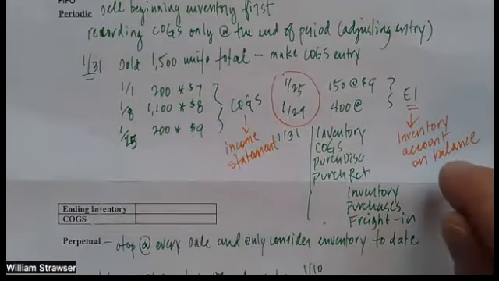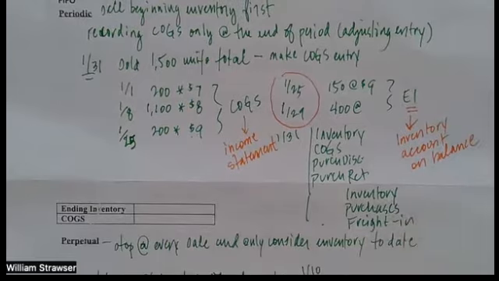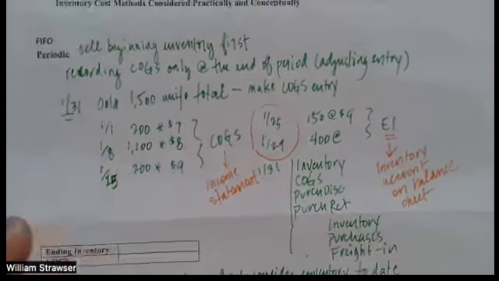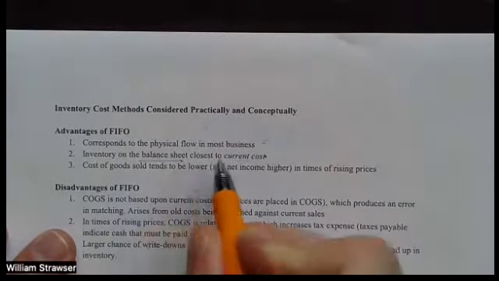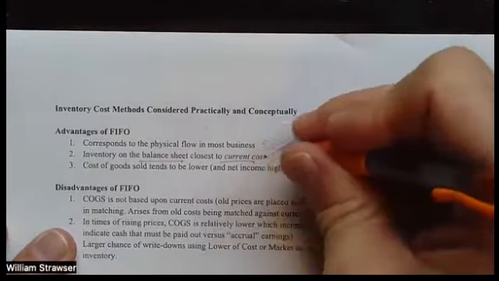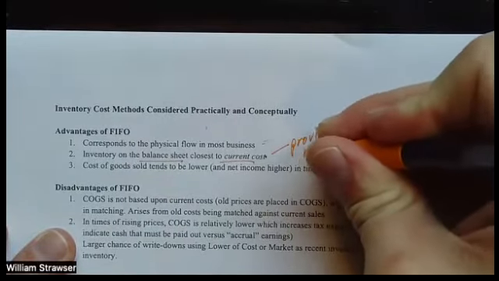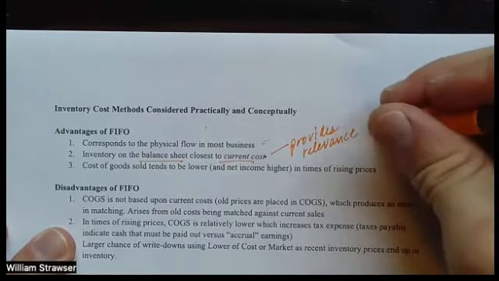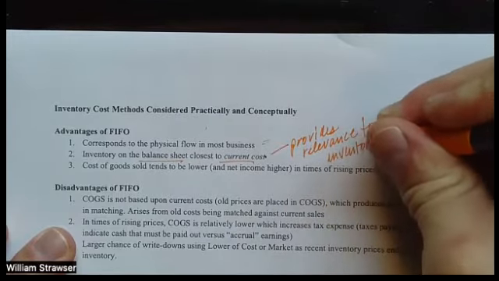So it puts newer prices on the balance sheet and older prices on the income statement. So the inventory on the balance sheet is closer to current cost, and this provides relevance. We're getting the most up-to-date numbers in the inventory account.